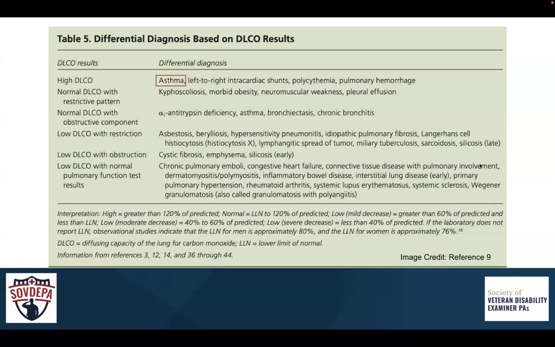And you'll see this reference table here, and feel free to take a screenshot. What we're really looking at here, you know, if you have a patient, because I personally don't check a DLCO in people with asthma. Okay, I don't need a high DLCO to tell me asthma.